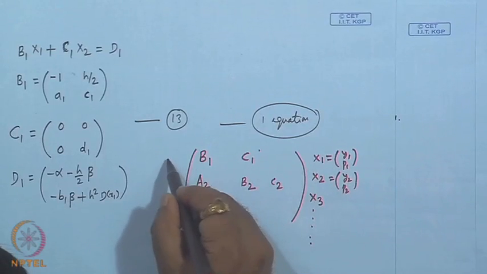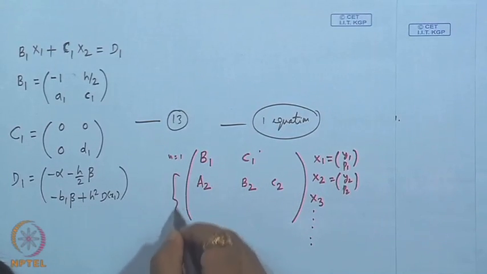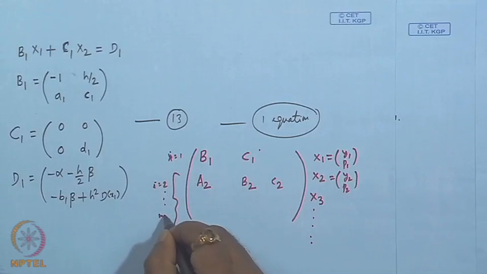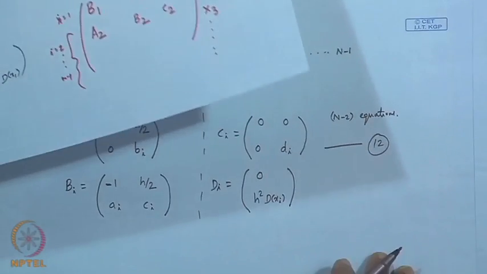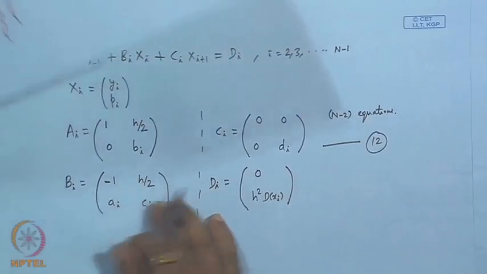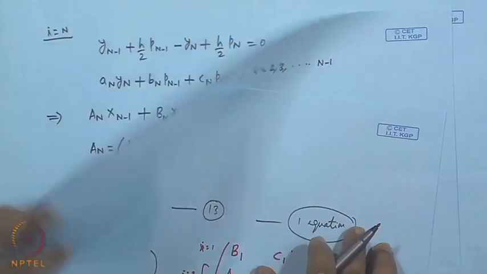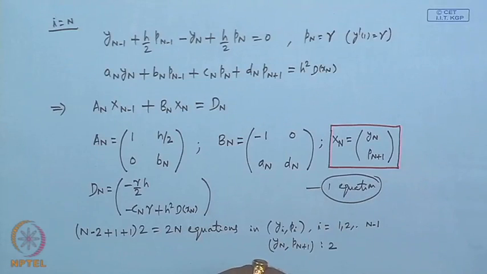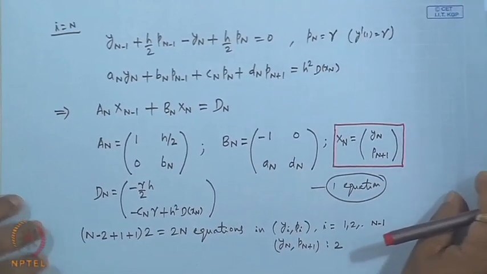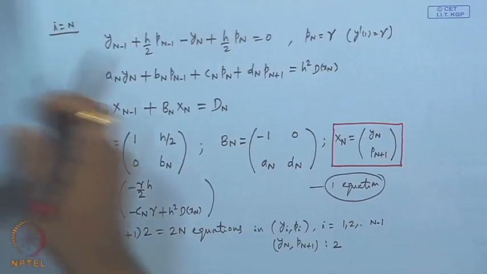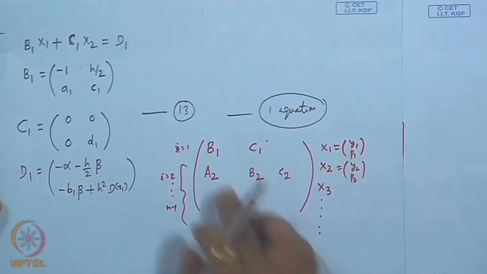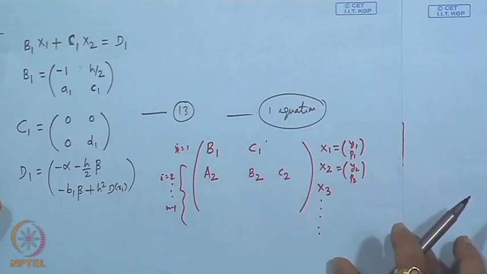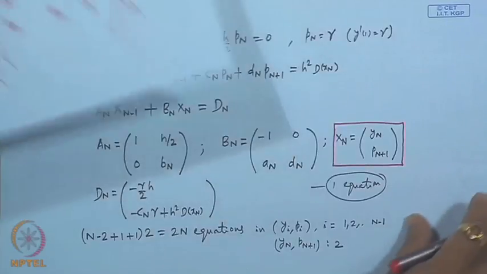So, this corresponds to i equals 1 and i equals 2 to n minus 1, and the last one we obtained, i equals n, will also come at the bottom. And this entire thing, you see, is blocks, but then again it is a tridiagonal system. So, it is a block tridiagonal system.